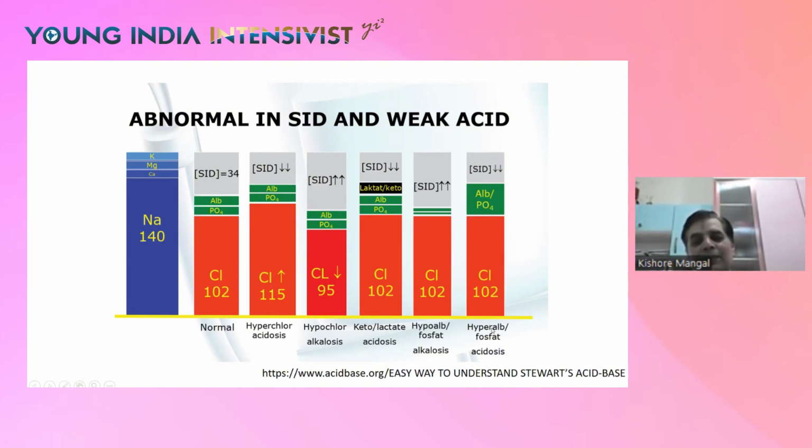And if there is hyperphosphatemia, then the A tot will increase, ultimately leading to acidosis. So this is the pictorial form of all the common complications which we see and which are difficult to analyze by our traditional methods.